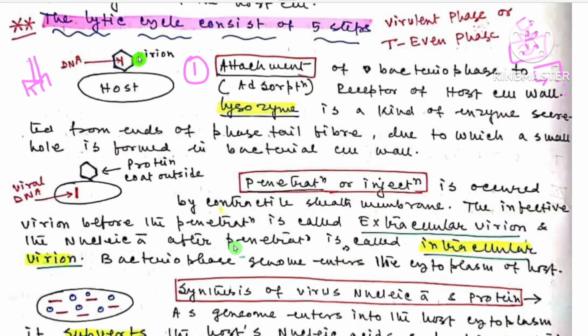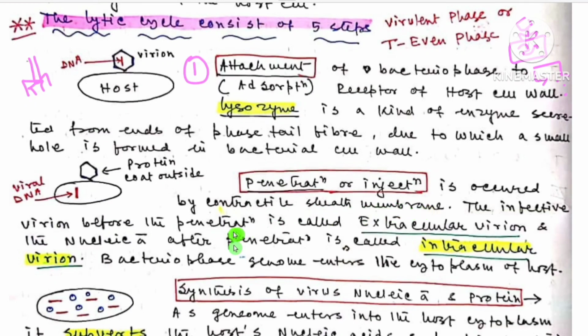Then this is DNA. This is the virion. Virion means a complete infective particle of a virus. And in this virion, you can see the DNA is present in the bacteriophage, and in the next step, the bacteriophage penetrates its DNA inside the host cell, and this process is known as penetration or injection. This penetration or injection occurs by the contractile sheath.